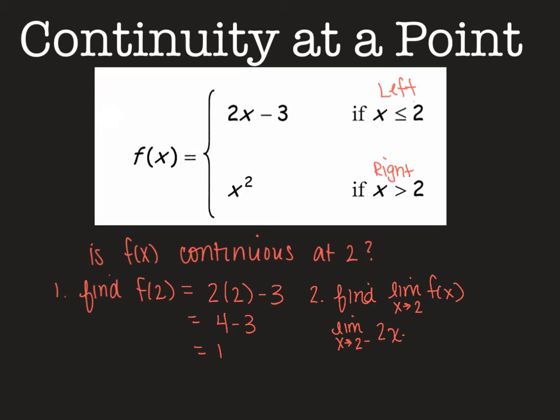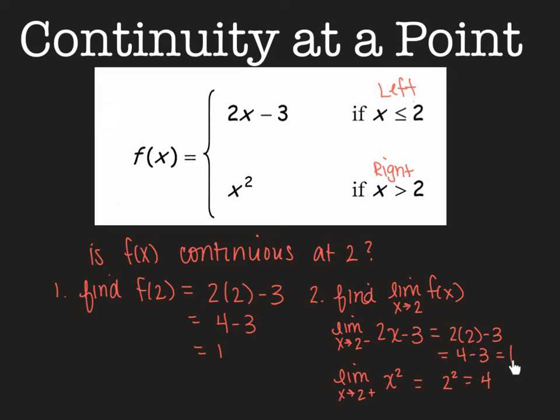So 2x minus 3, we can plug in that 2, so we get 2 times 2 minus 3, 4 minus 3, we get 1. Now we find our limit from the right. So limit as x approaches 2 from the right. We hope that this is going to be equal, so we're going to have x squared as our function here. And when we plug that in, we get 2 squared, which is 4. And this is a little heartbreaking, right? Because these values are not the same.